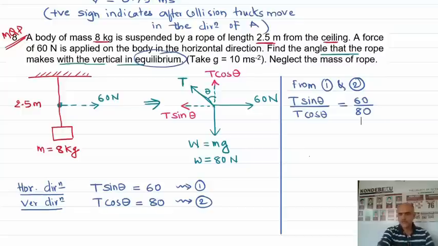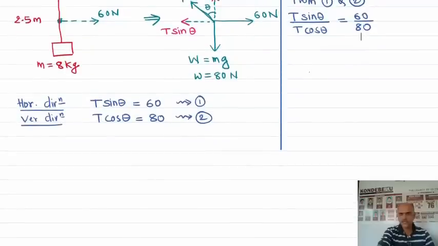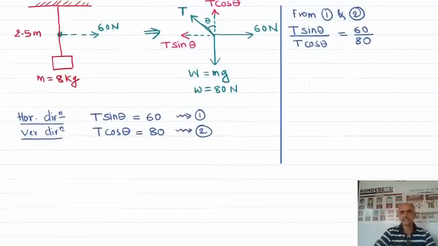Simplify: T gets cancelled, sin by cos is tan theta. Tan theta is equal to 6 by 8, that is 3 by 4.